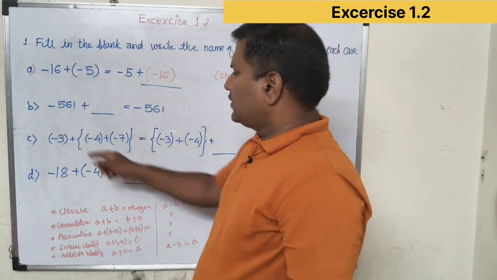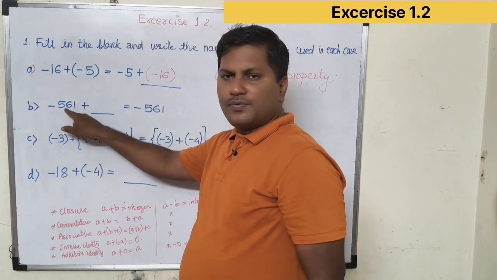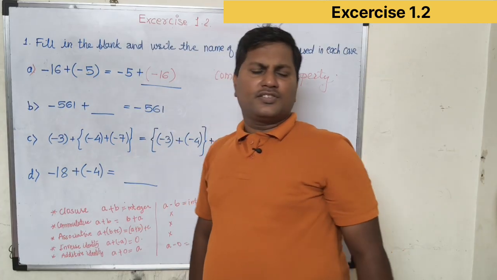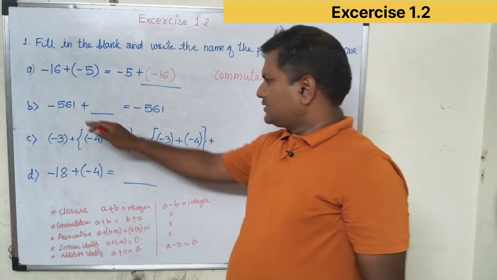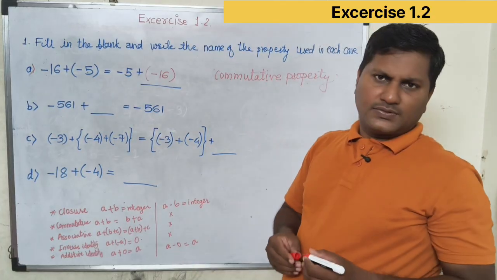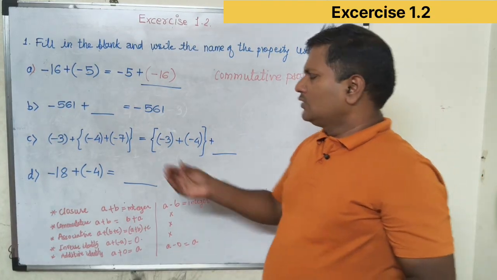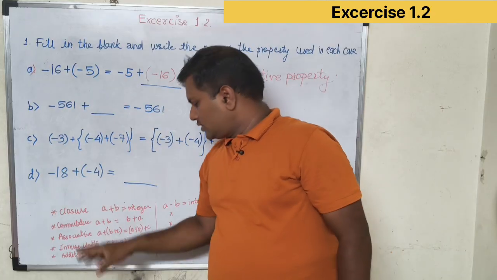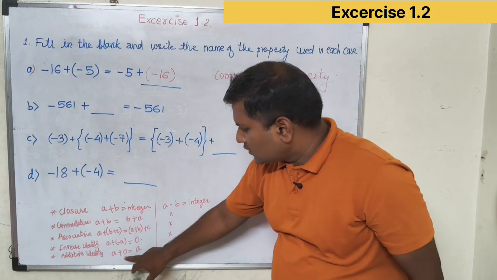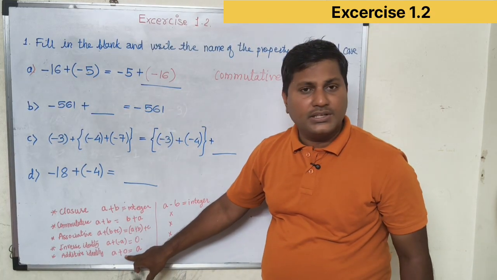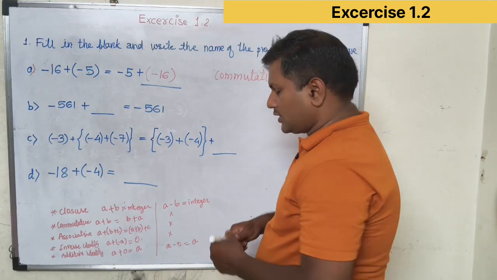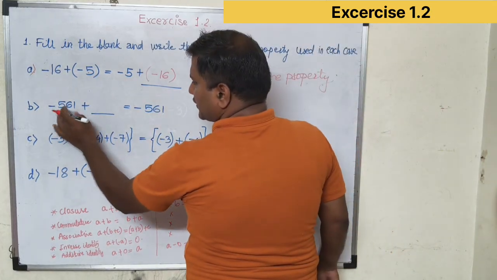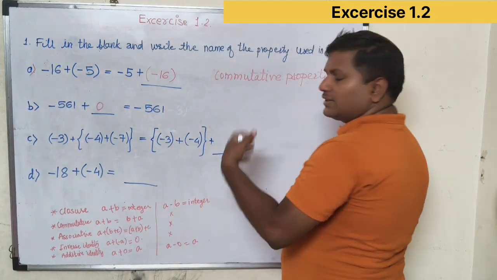Next, minus 561 plus blank is equal to minus 561. The integer is remaining the same. So which thing added makes the number the same? Here our additive identity property is followed. So minus 561 plus 0, you will get the same integer.